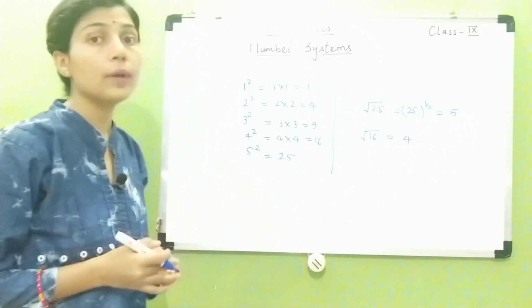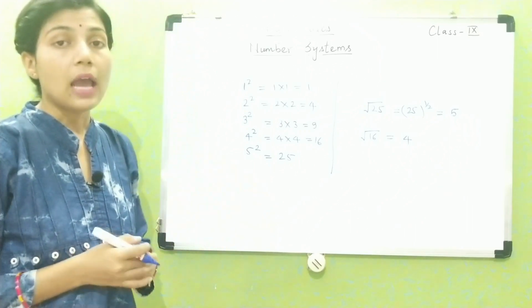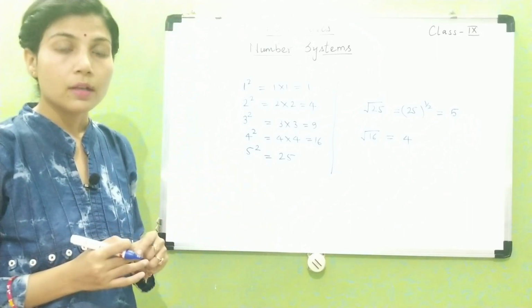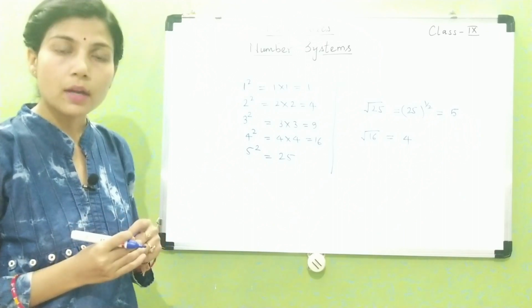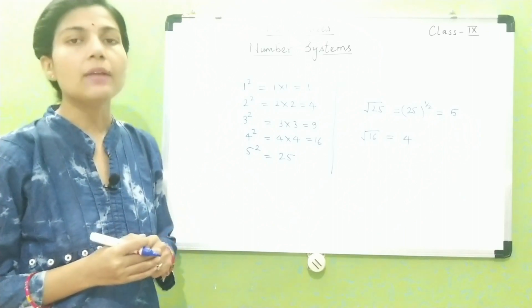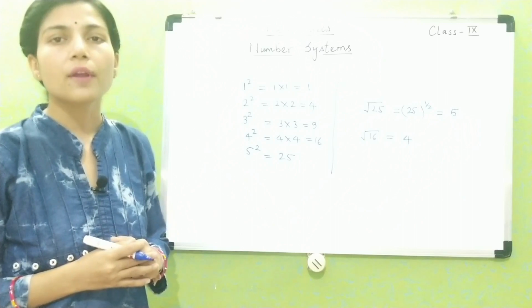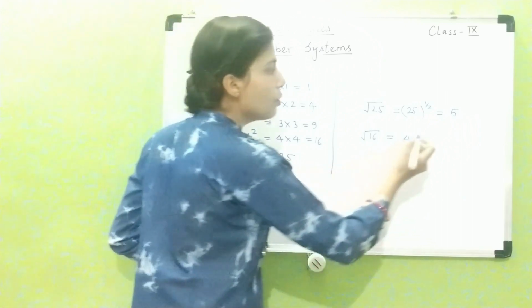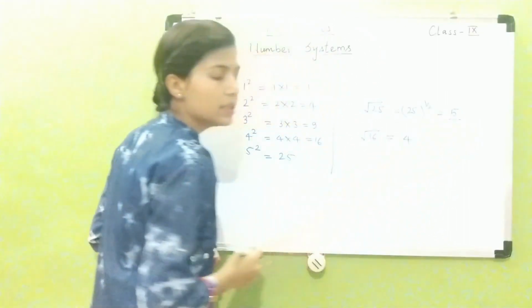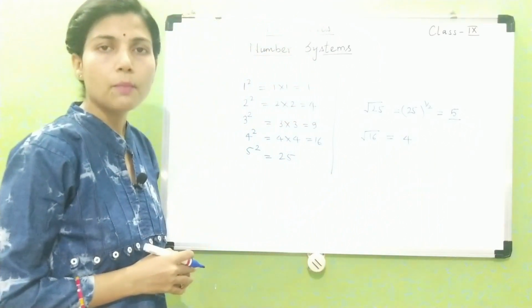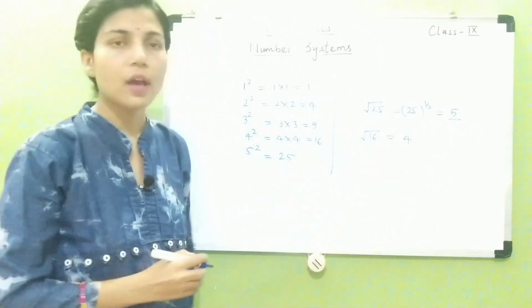And as you well know, every natural number, every whole number, every integer can be represented as a rational number. So how will it be represented as a rational number? By taking its denominator as 1.